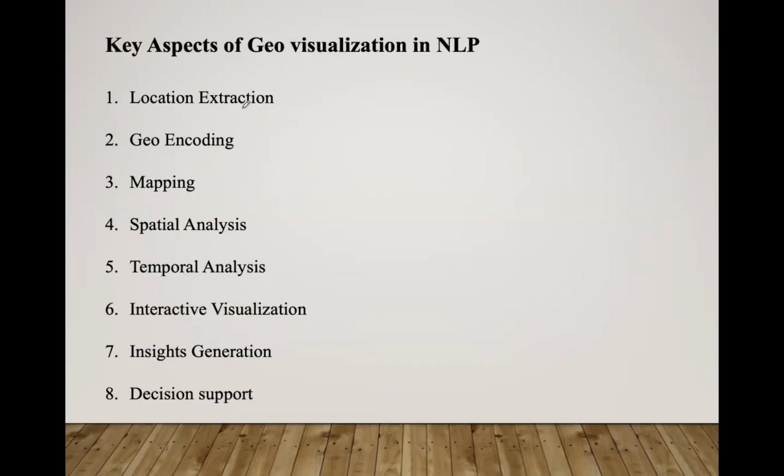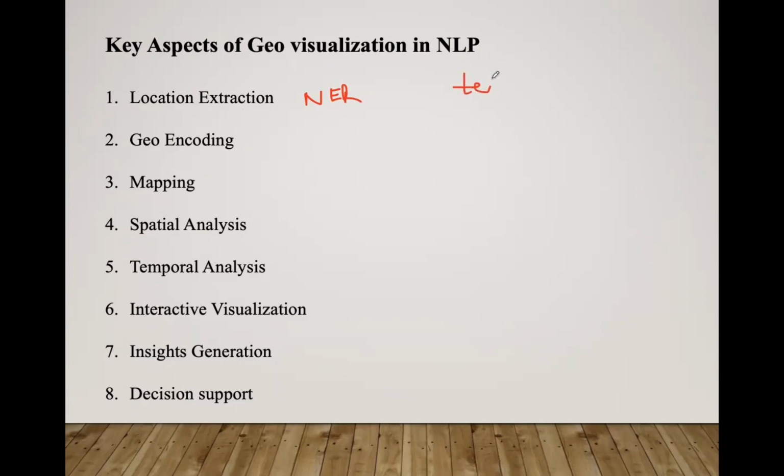Coming to key aspects of geo-visualization in natural language processing, the first one is location extraction. NLP algorithms use techniques like named entity recognition, also called NER, to recognize and extract location mentions from the text.